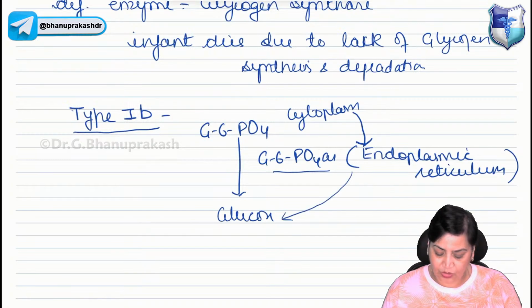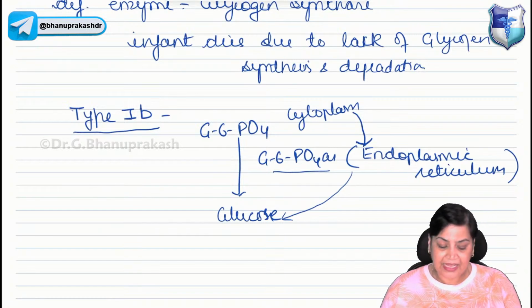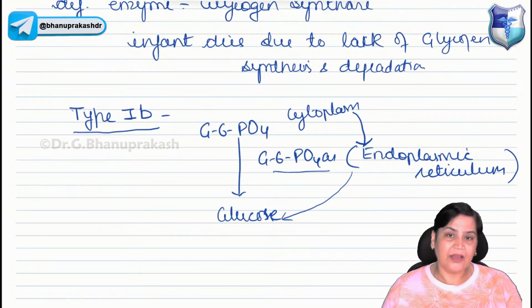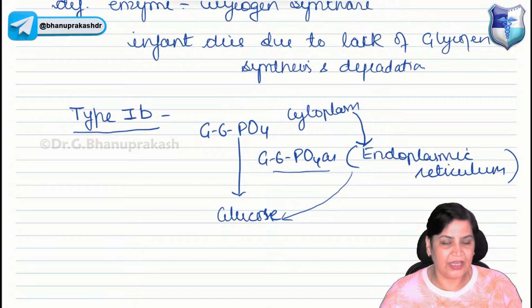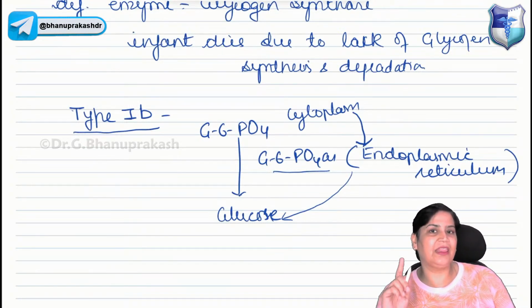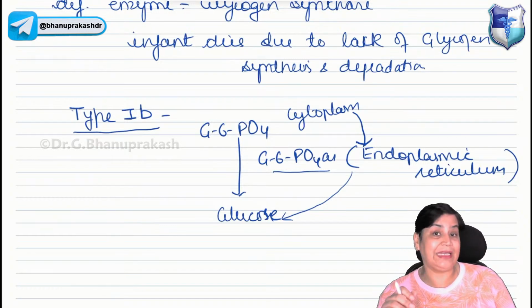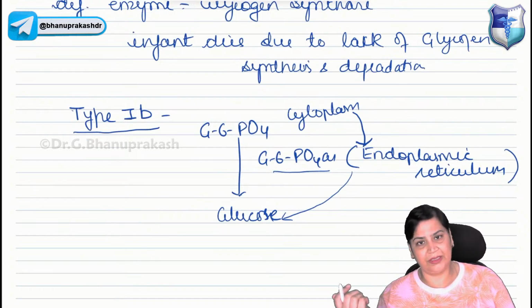So automatically glucose will be produced. Getting my point? So I can simply say that the enzyme glucose 6 phosphatase to convert glucose 6 phosphate to glucose is present in the endoplasmic reticulum. So this glucose 6 phosphate needs to be transported.